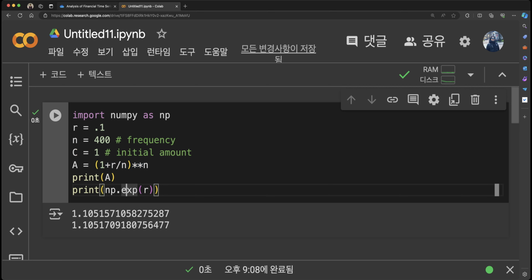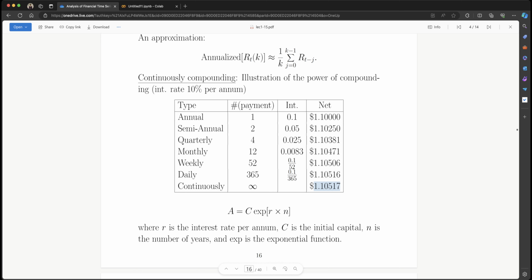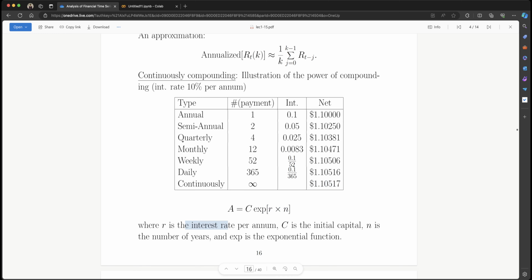So yeah, if it is infinity, something like this one, where R is the interest rate per annum. C is the initial capital, which we put as 1 over here, N is the number of years, and exp is the exponential function.